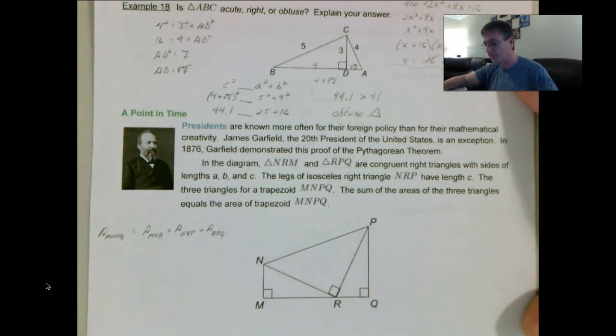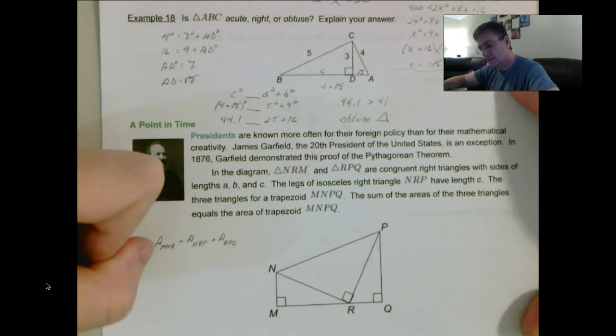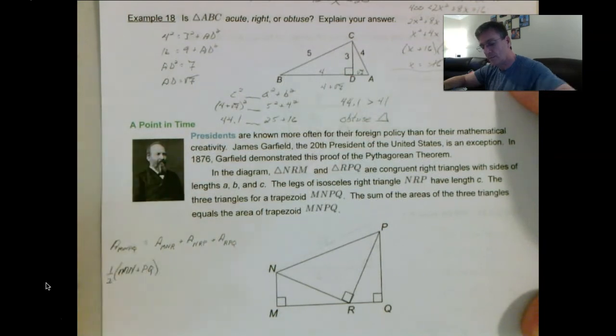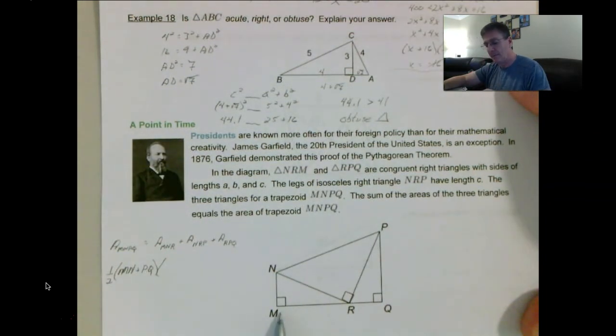Okay? So the area of MNPQ is 1/2 of MN plus PQ, base 1 plus base 2, times MR plus RQ.